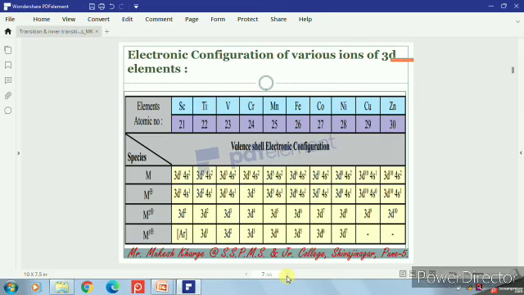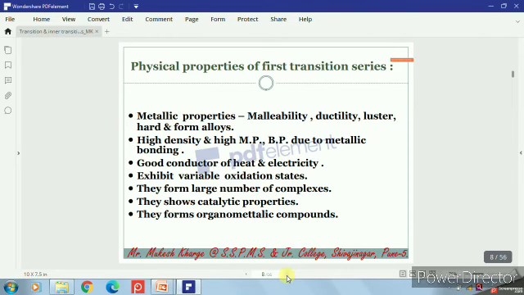Next is physical properties of the first transition series. There are different properties shown by these transition elements. First, they show metallic properties, and there are different properties of metals: malleability, then ductility, then these elements show luster, a shiny appearance, they are hard and they can form alloys.